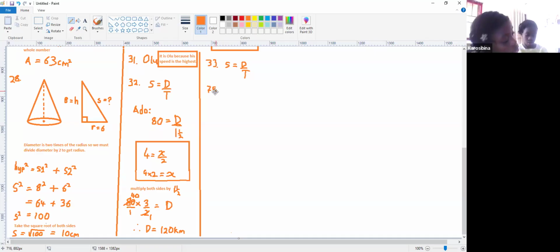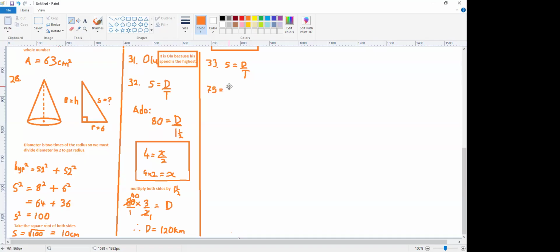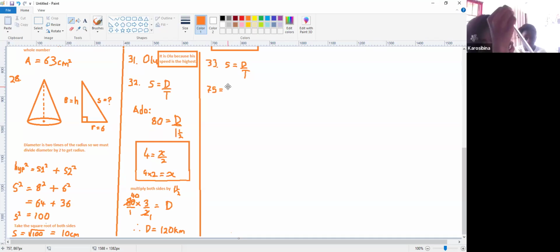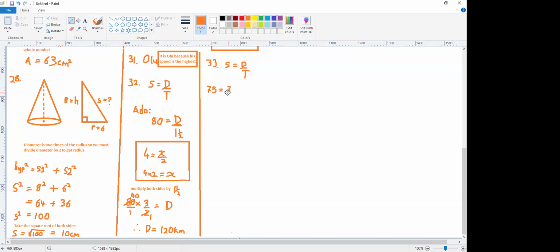Okay, sorry. And Hassan's is 75 kilometers per hour. So that means his speed is correct. What is the distance covered? Let me see if you remember this. 300 kilometers. Okay.